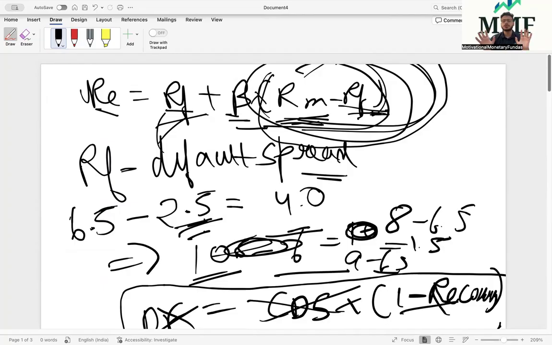If someone asks you what exactly is the CAPM model, it tries to establish an equilibrium relationship between the cost of equity and the systematic risk. That's it. Any questions, anybody?